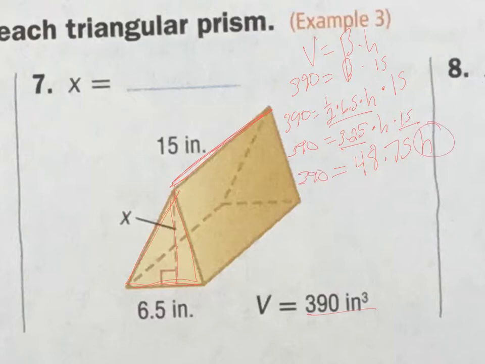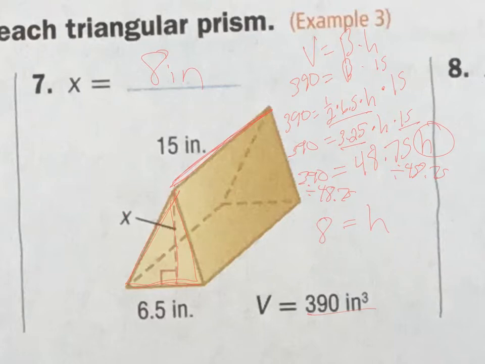Now, I just want to find out what this height is. So I got to divide each side by 48.75. 390 divided by 48.75 equals 8 is my height. And we're talking about inches, so 8 inches.